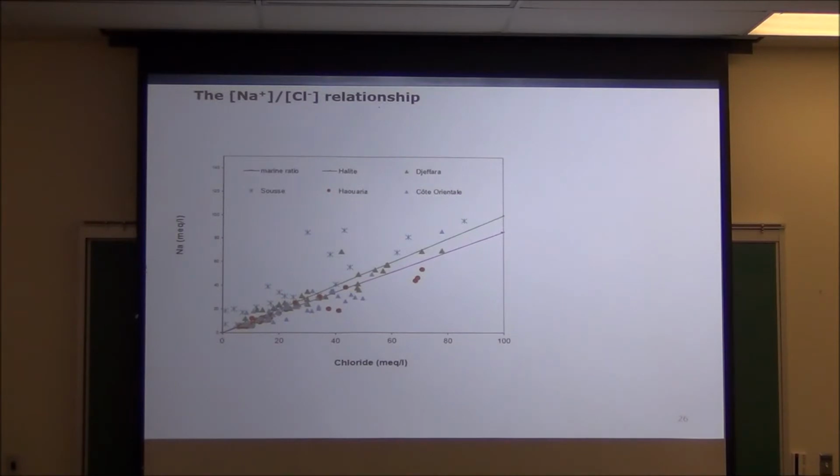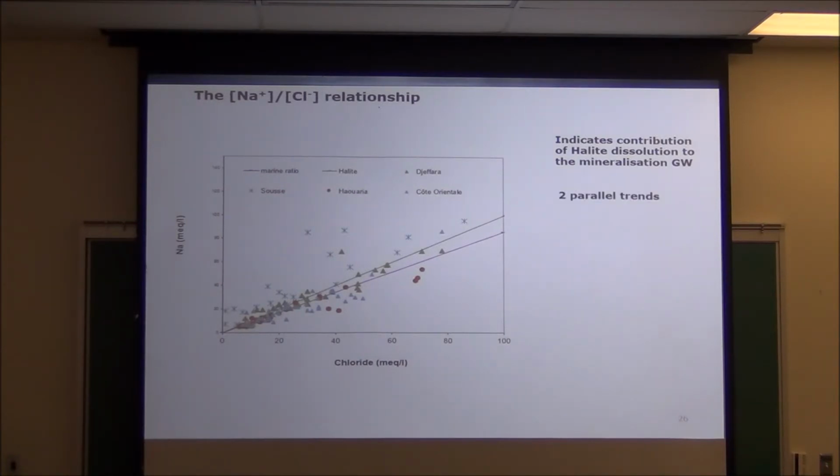It shows a positive correlation between sodium and chloride for almost all of the samples, and this positive correlation indicates that we have a contribution of the dissolution of halite to the mineralization of water. So the samples located on this line show the dissolution of the halite.